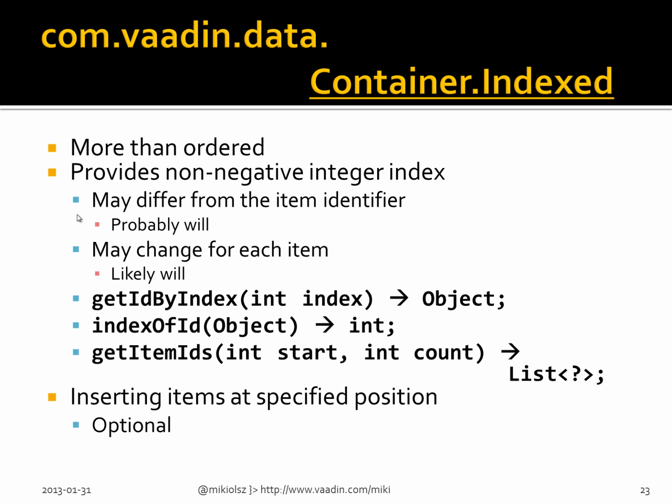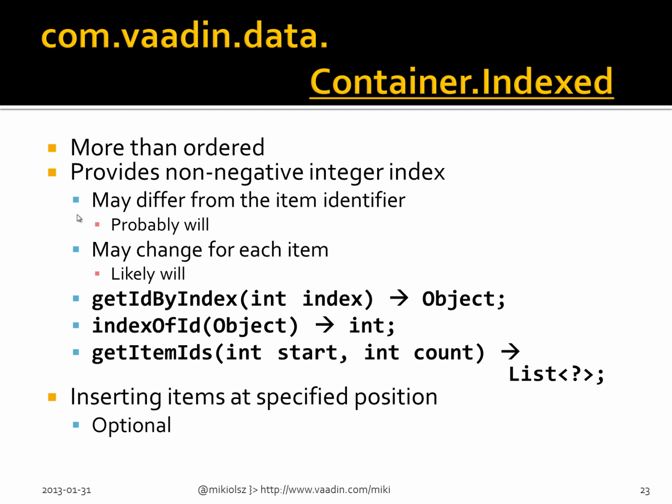The second utility interface is indexed. So this is ordered, but with some extra: a non-negative integer index for each item. This is something different from the identifier, which can be any object. This is explicitly an integer, a non-negative number, and it might change for each item depending on whether we add new items or remove items from the container or set other options.